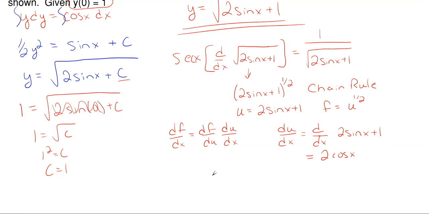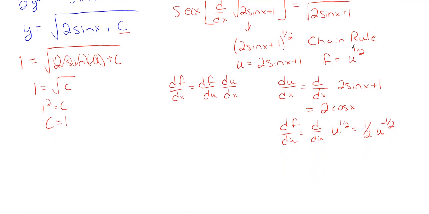So the second portion, which is df/du, is simply the derivative with respect to u of the f equation, which is u to the 1/2. And this is a very simple, easy derivative to take. So it's 1/2 u to the minus 1/2. Since we know what u is equal to, 2 sine x plus 1, let's write it as such.